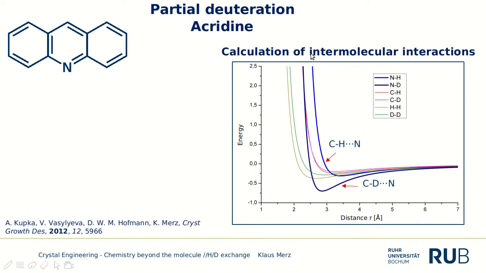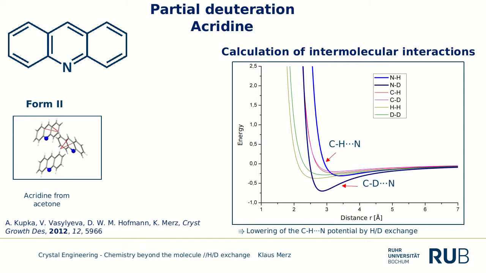So the weak intermolecular interactions have shown, this is here the interaction C-H...N, a very weak interaction. And if you switch from CH to CD, then you see a lowering of energy. Yeah? And this lowering leads to the dominating formation of form 3.